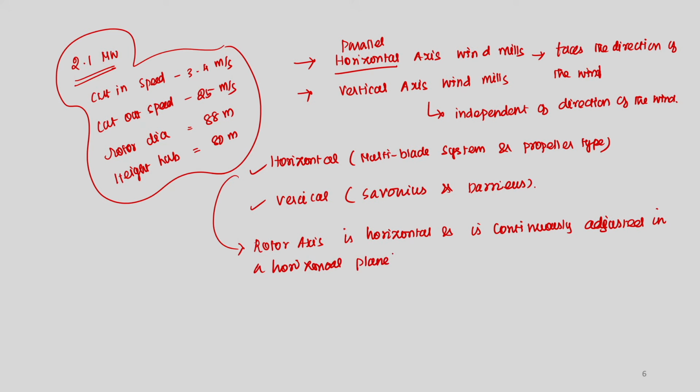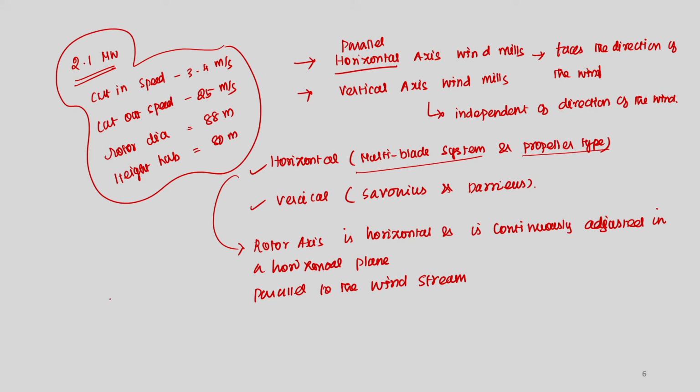Also, in terms of wind direction, it is parallel to the wind direction, the wind stream. Okay. So, that is why it is called parallel axis machines as well. Right. Again we told there are two types, right. One is the multi-blade system and the propeller type.